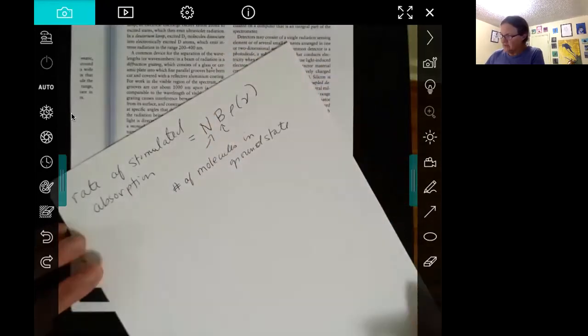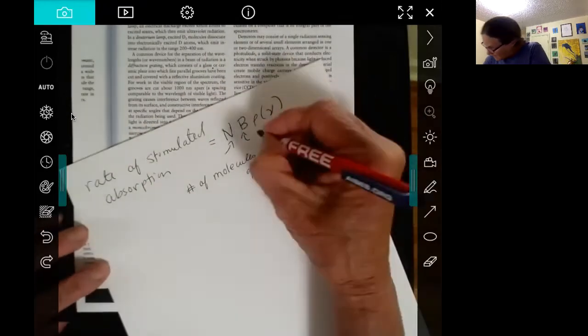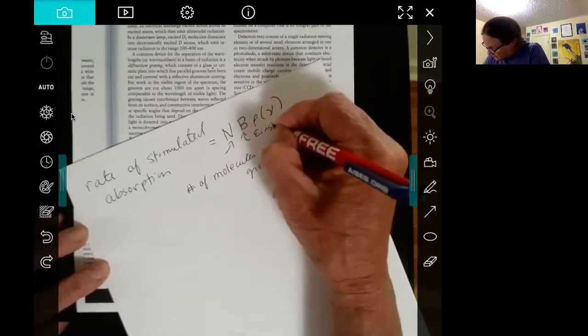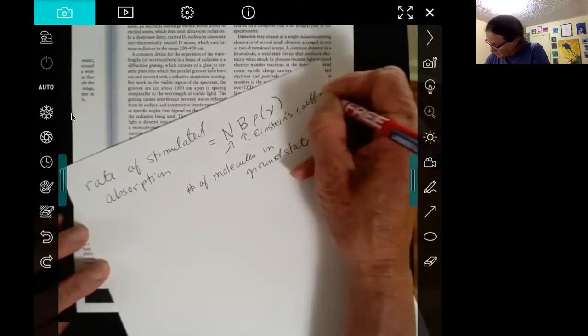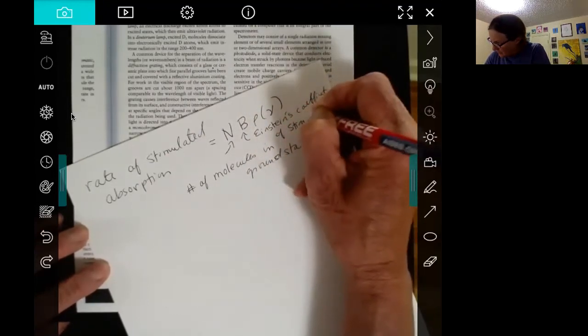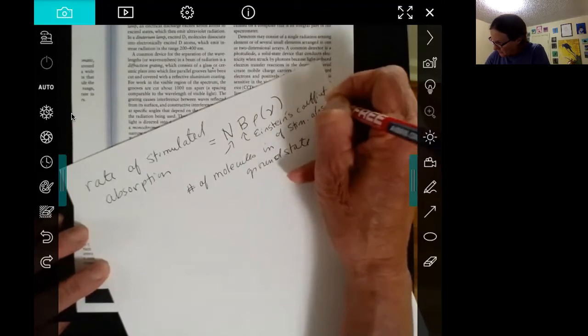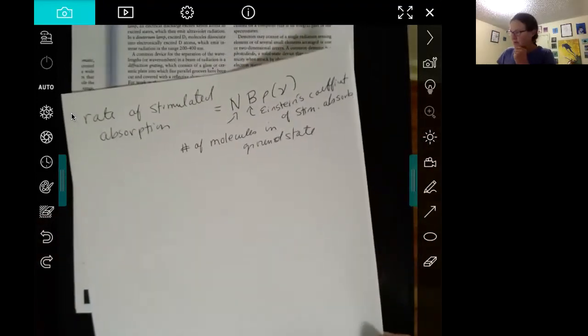B is Einstein's coefficient of stimulated absorbance, which you can get an idea of from quantum mechanics.